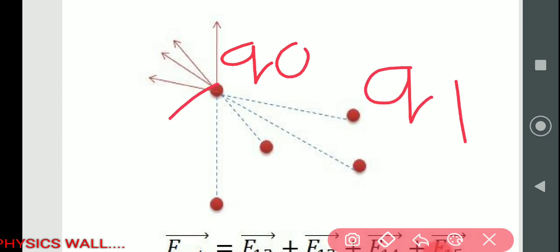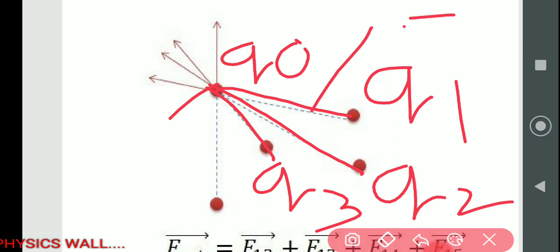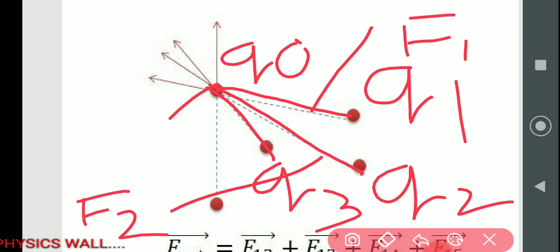We have some other charges Q1, Q2 and Q3 at other positions. According to Coulomb's law, force will act on these charges. Let the force between Q naught and Q1 be F1, between Q naught and Q2 be F2, and between Q naught and Q3 be F3.